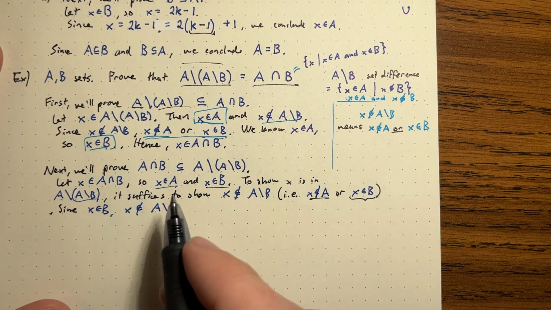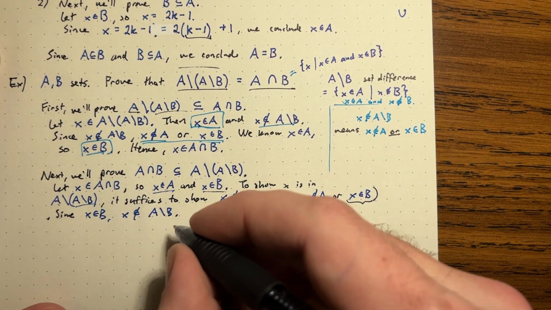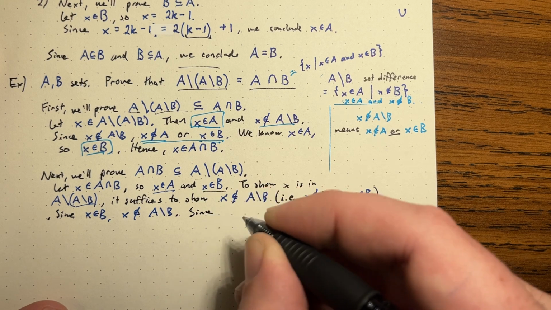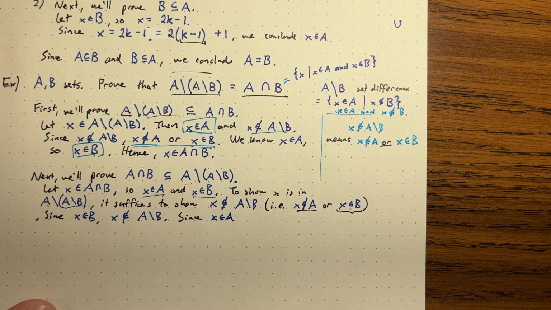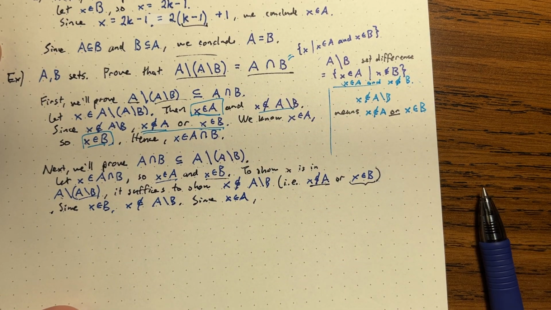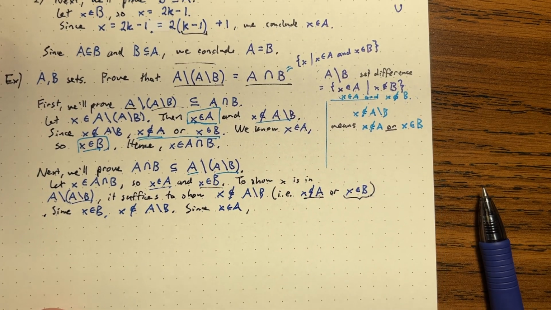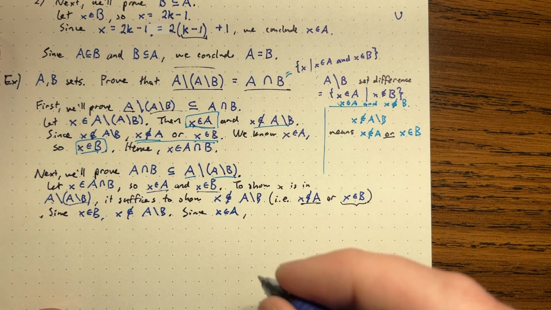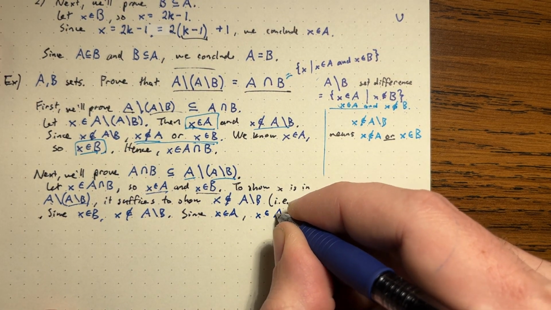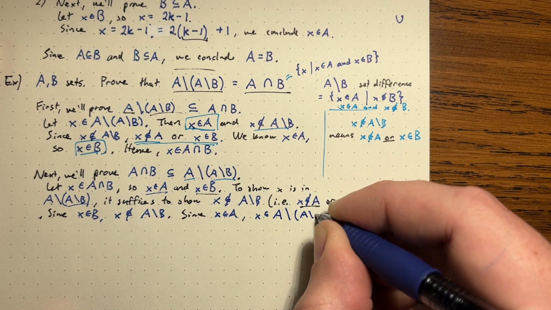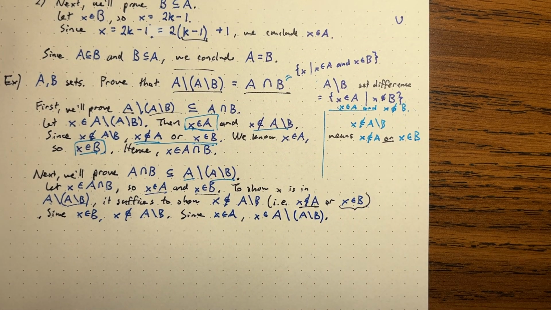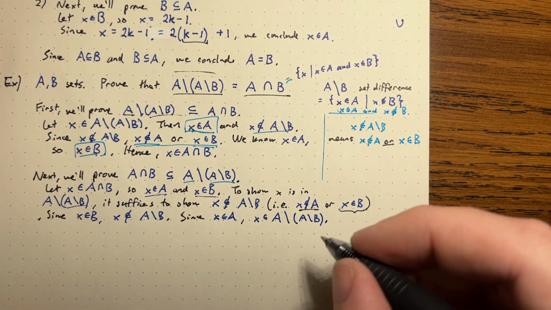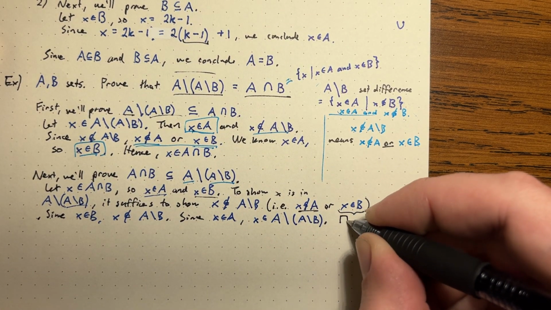But x is in A, right? So since x is in A, we showed x is not in this thing, but it is in that thing. So by definition, it has to be in A minus B. And that's it. That's a bit complicated though. We're done though. Like that is the end of the proof.